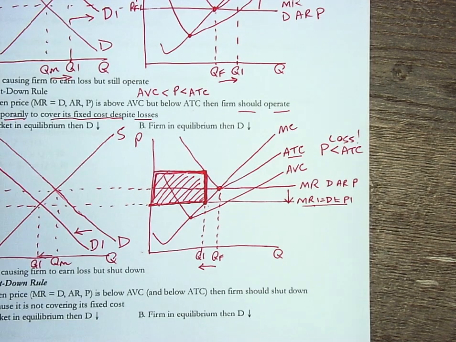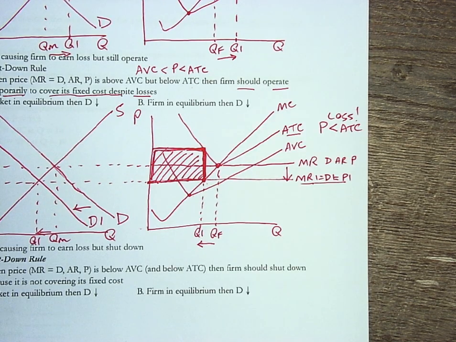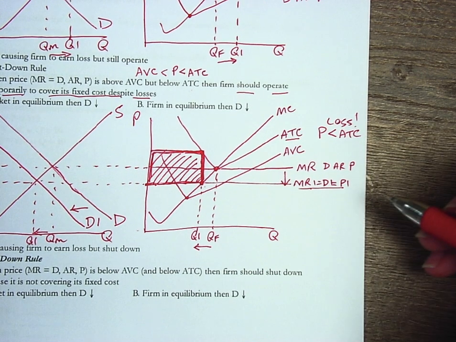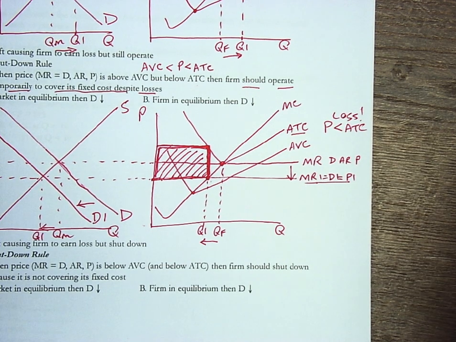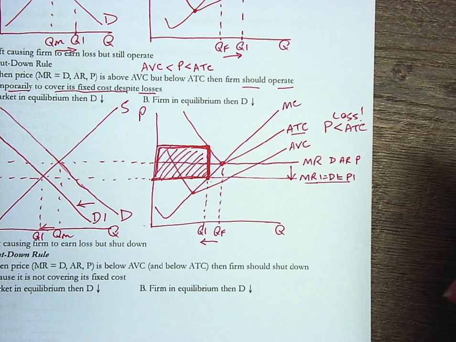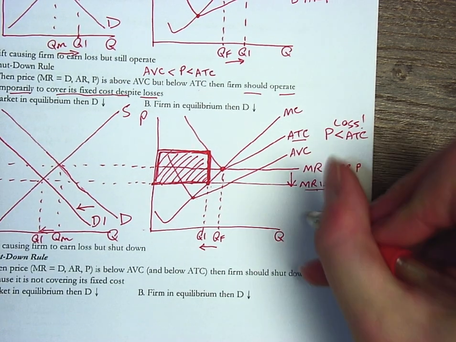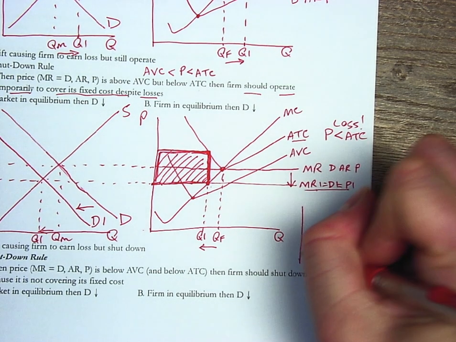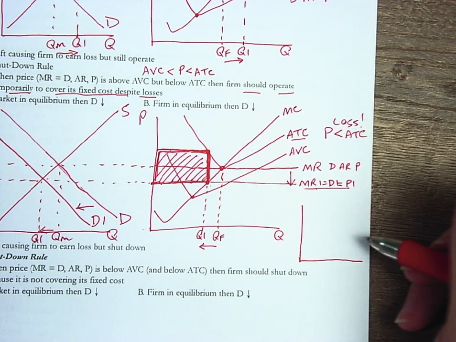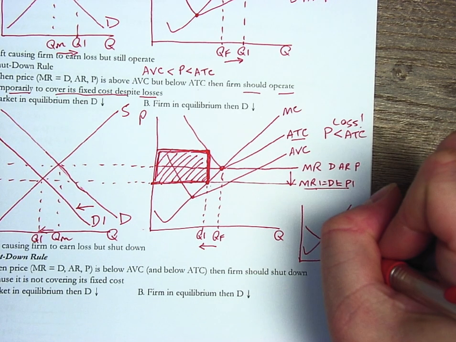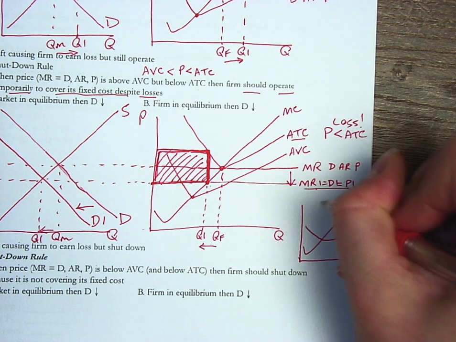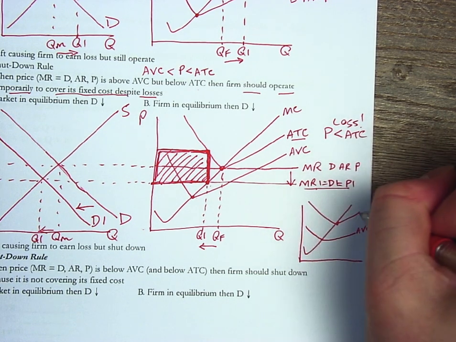Now, this firm is going to earn that loss in the short run. But if they chose to shut down, they'd still lose their fixed costs. An important part here is that they're not exiting the market if they shut down. They're just deciding we're not going to produce anything. So if this firm had shut down, they'd have their AVC and their ATC like that.